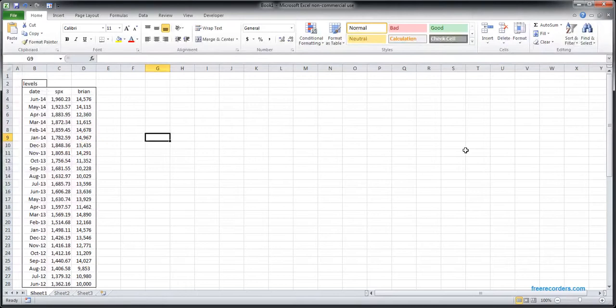I'm going to show you an interesting process here to discover whether or not your retirement account, or whatever investment account you have, is outperforming the market.